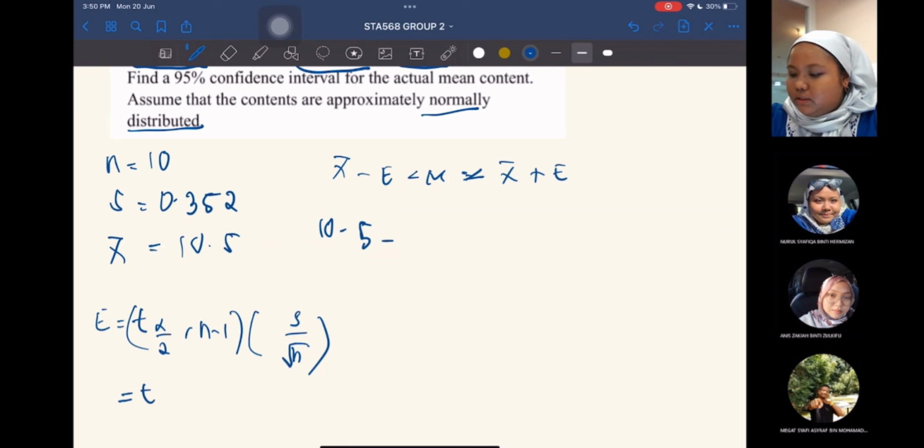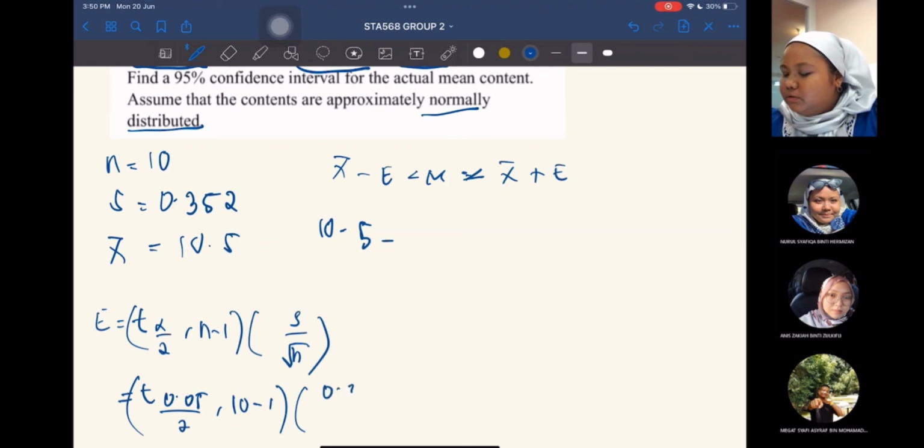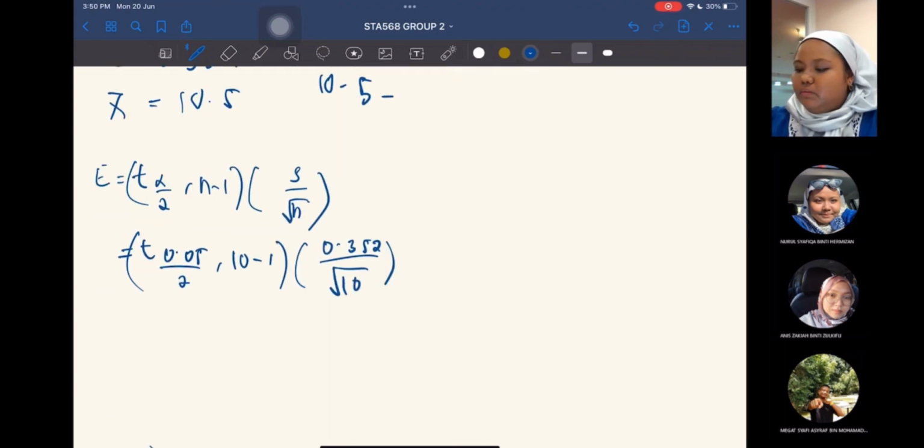Then we get t, our alpha is 0.05 divided by 2, our n is 10 minus 1, our S is 0.352 divided by square root of 10. Then we will get 0.25. Here we use table 7.